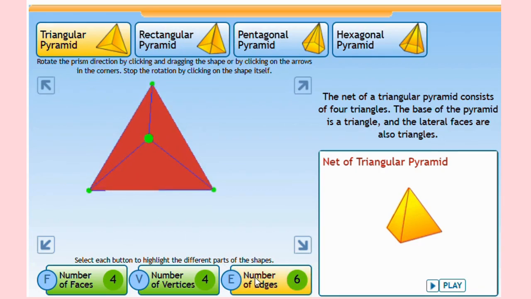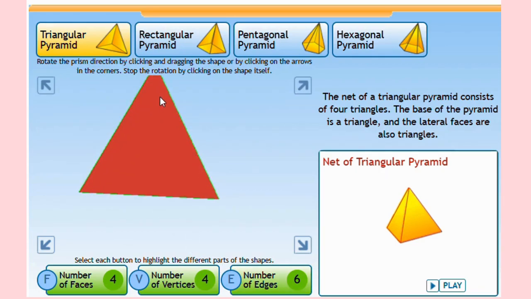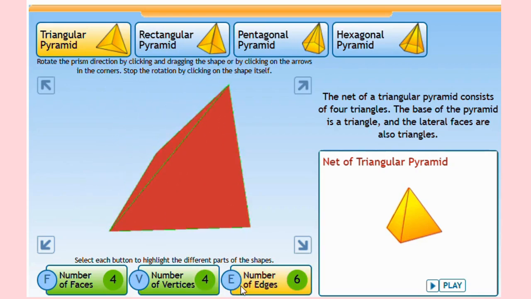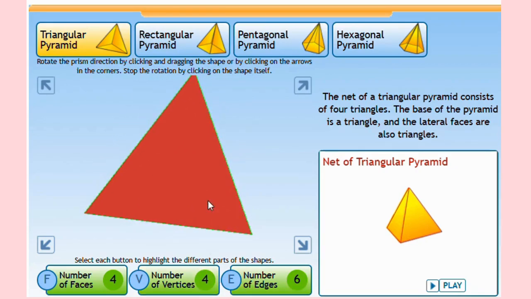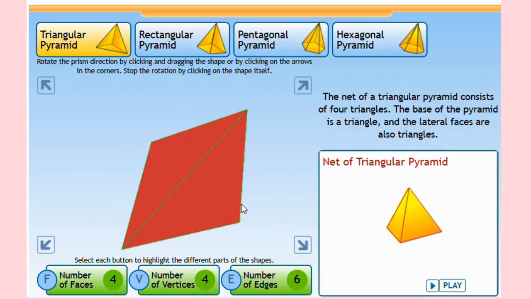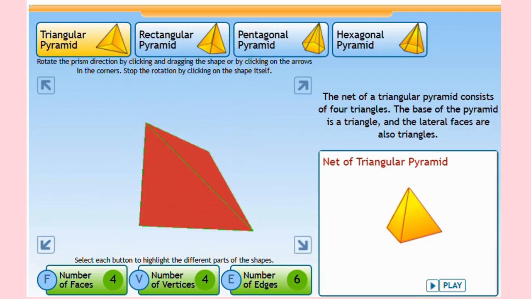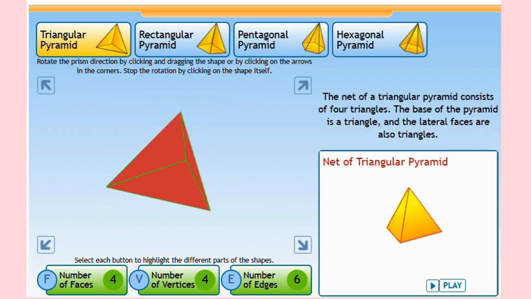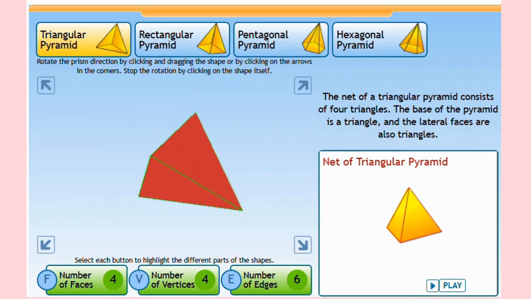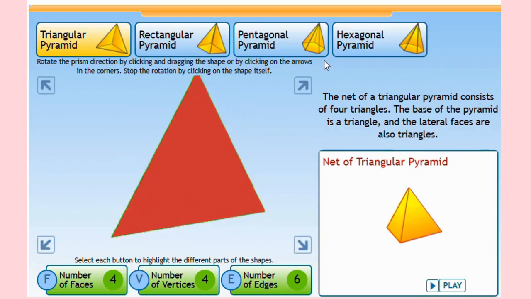Then we have the number of edges. So the base triangle has 3 edges, and then each one of the triangles connecting it, 1, 2, 3. So altogether there is 6 edges.